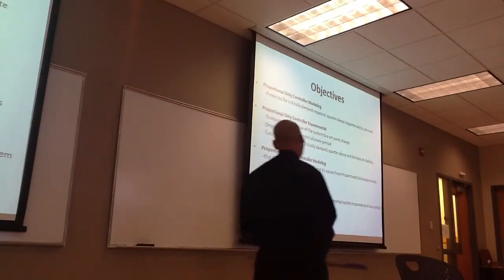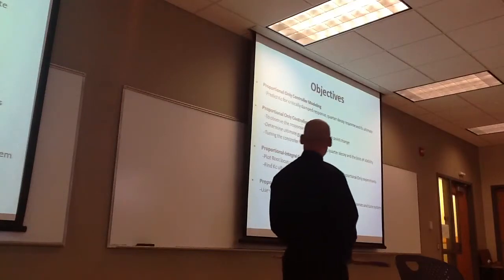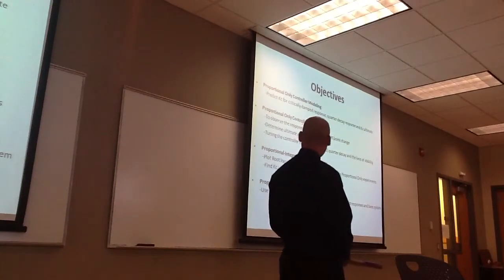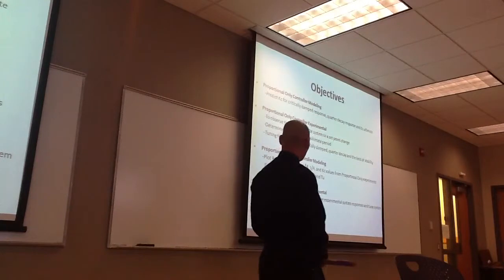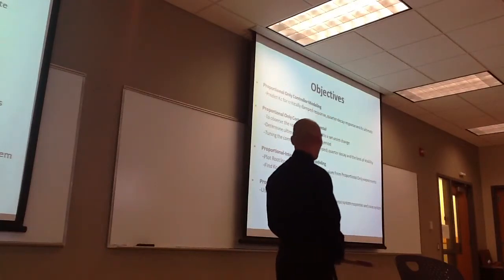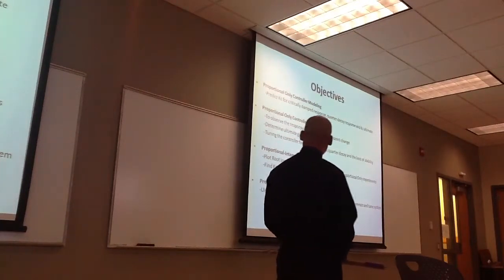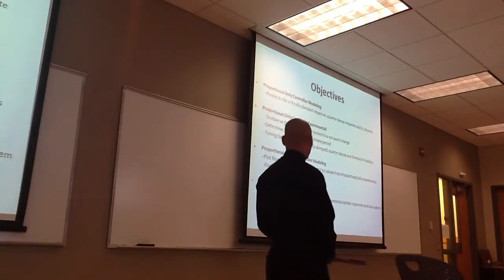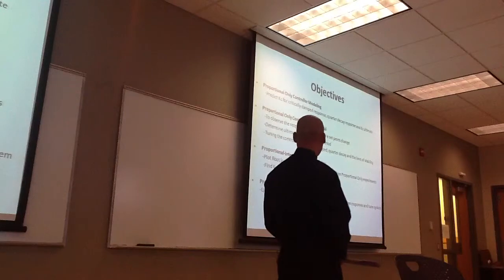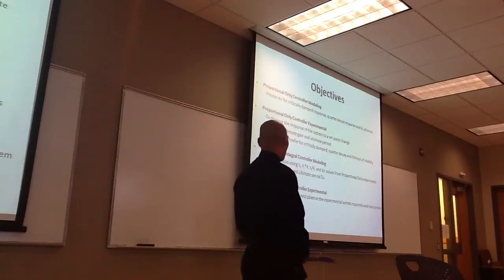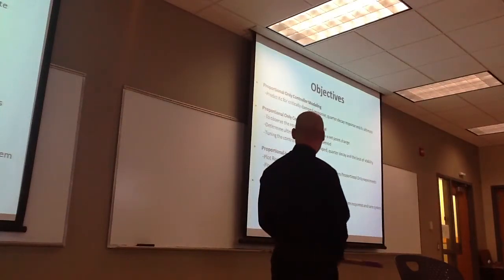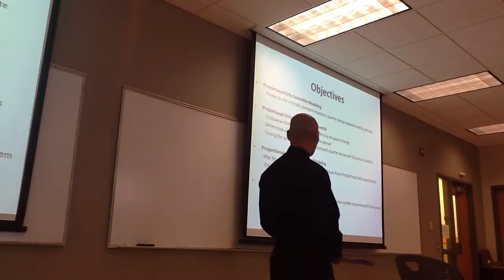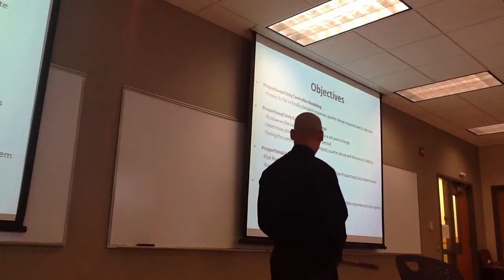Okay, carry on. Objective, proportional only controller modeling: predict Kc for critical damping, quarter decay response, and Kc ultimate. Proportional only controller experimental: observe the response of the system to a set point change, determine the ultimate gain and ultimate period, and tune the controller for critically damped, quarter decay, and limit of stability.